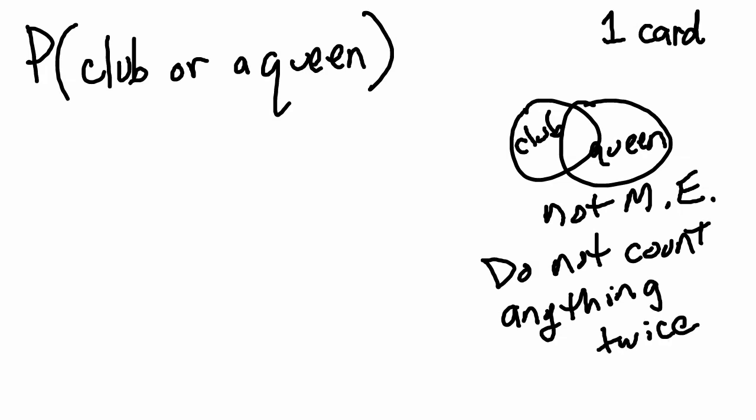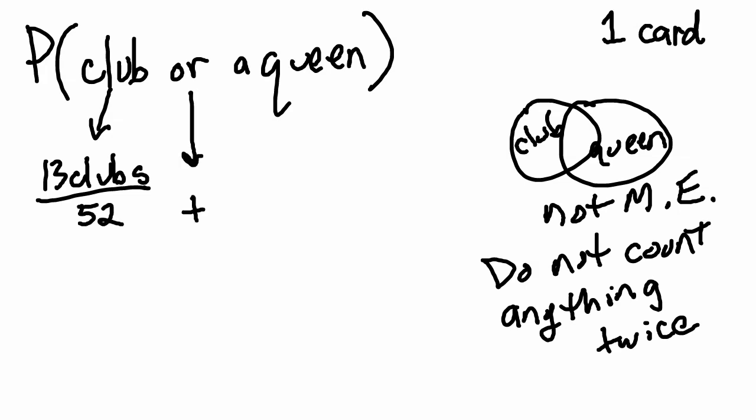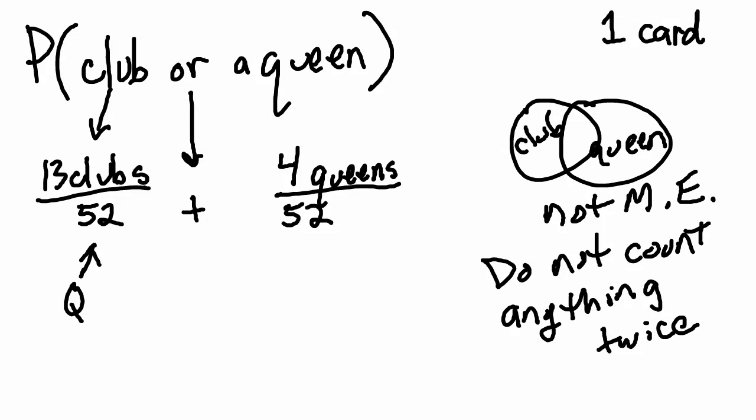So you're going to add up the clubs. So there's 13 clubs. And then there's 4 queens. But what's the problem? There is a queen of clubs. So we counted the queen here in the clubs, and we counted the queen here of clubs.